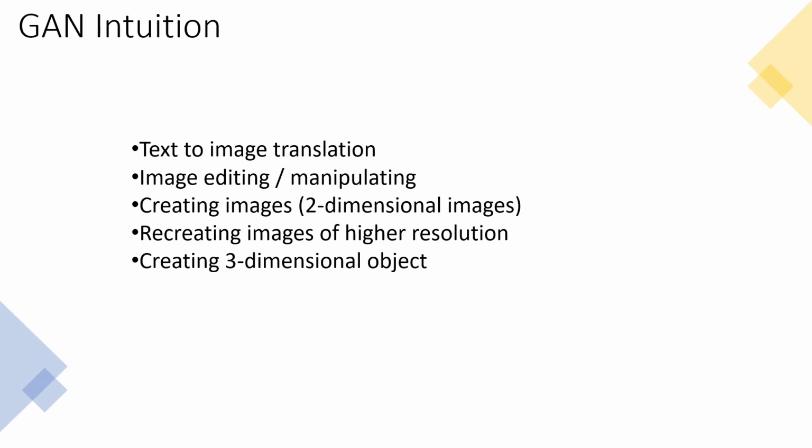That's the same idea behind ChatGPT as well. These are generative models as well. You can do basic image editing, image manipulation with GANs. You can create images 2-dimensionals or 3-dimensionals, or you can recreate images of higher resolution. That's basically called super resolution.